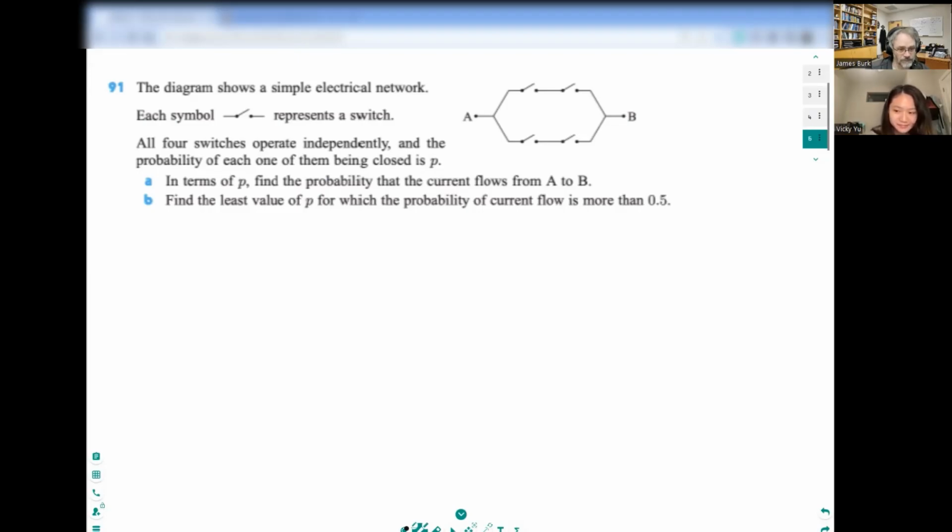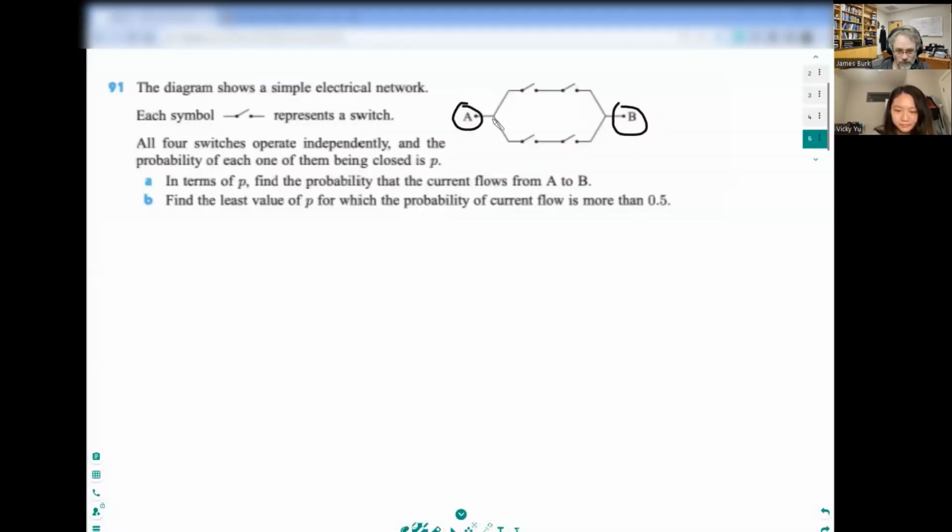Tell me what the diagram's doing. What is that trying to tell us there? The different switches. Okay. And if I'm going from A to B, what do I need to happen? I need one path.